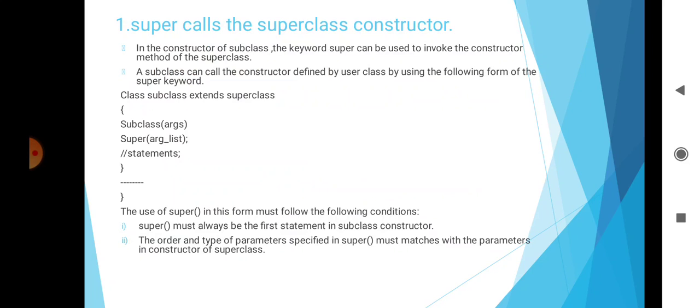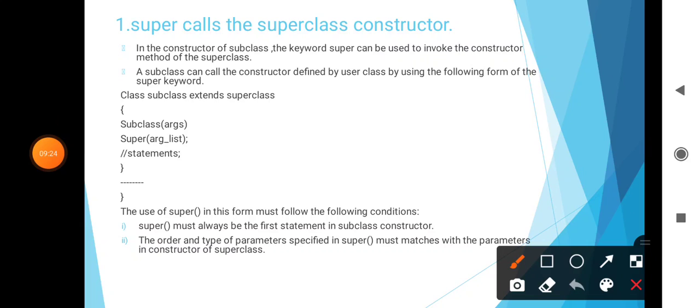A subclass can call the constructor defined by its superclass by using the following form of the super keyword: class subclass extends superclass, then subclass arguments, opening bracket, then super argument list, then closing.